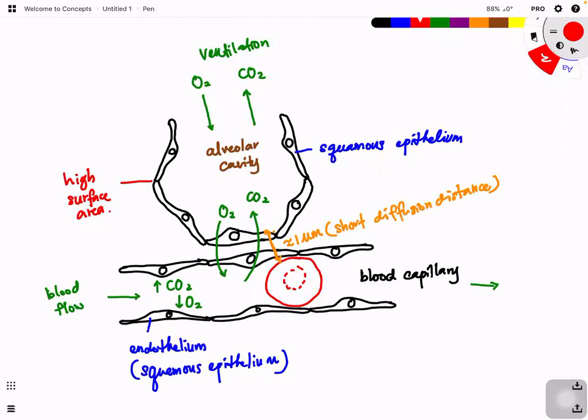Okay, so try to figure out how many layers of membranes are required for O2 to diffuse from the alveolar cavity into the red blood cells. How many layers of the membrane? This is one of the very famous questions asked in objective tests.